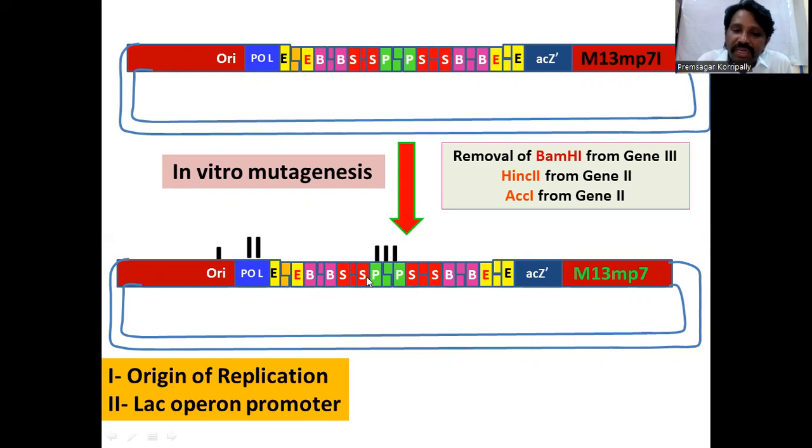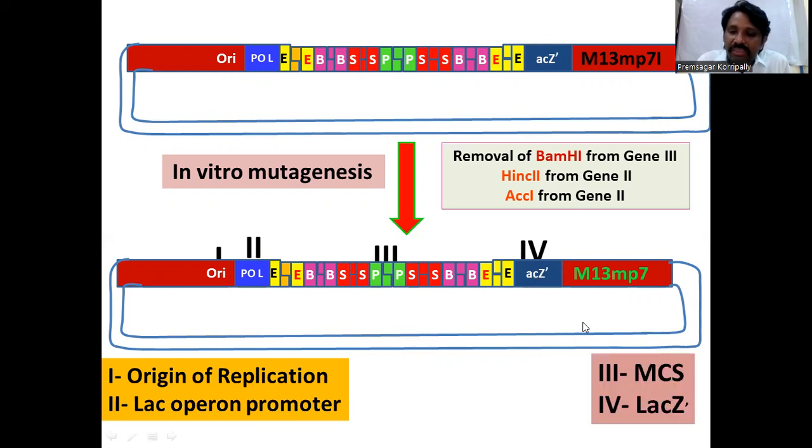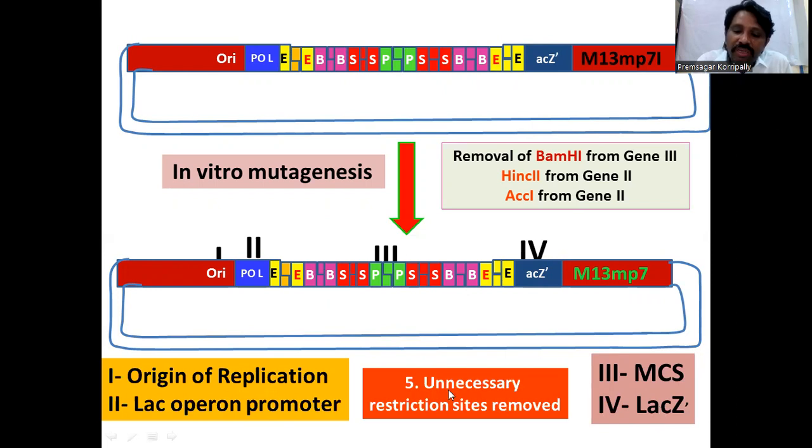Then the MCS is created, where EcoRI, BamHI, SalI, PstI are there, and lacZ is there to screen the recombinants from the non-recombinants. Finally, the fifth point is that unnecessary restriction sites were removed from this vector, so that only unique restriction sites are present.